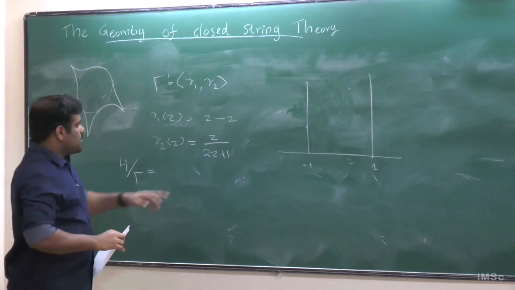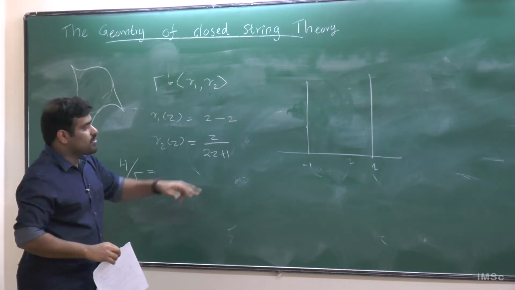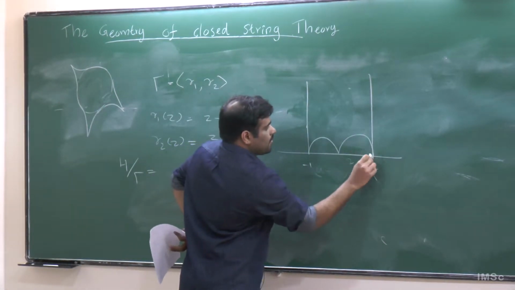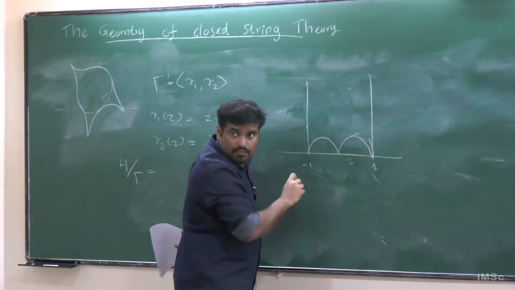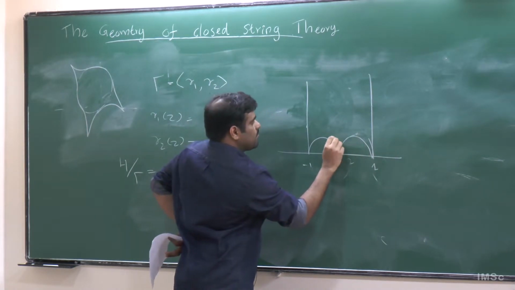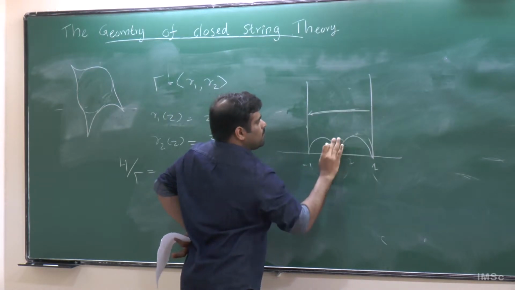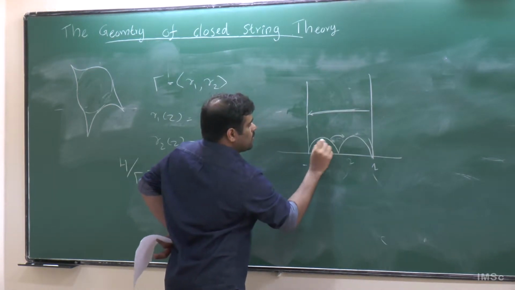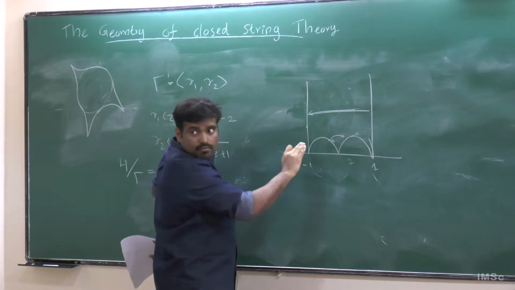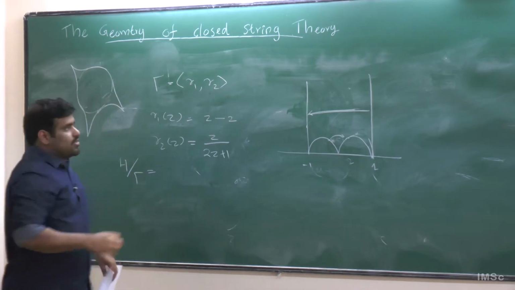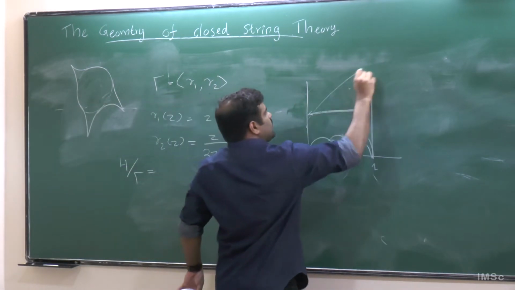And then C going to C over 2C plus 1 does the following identification. It identifies points on two half circles. So you have this kind of an identification. A point on this half circle will be identified to a point on this half circle. So you get this as the fundamental domain.